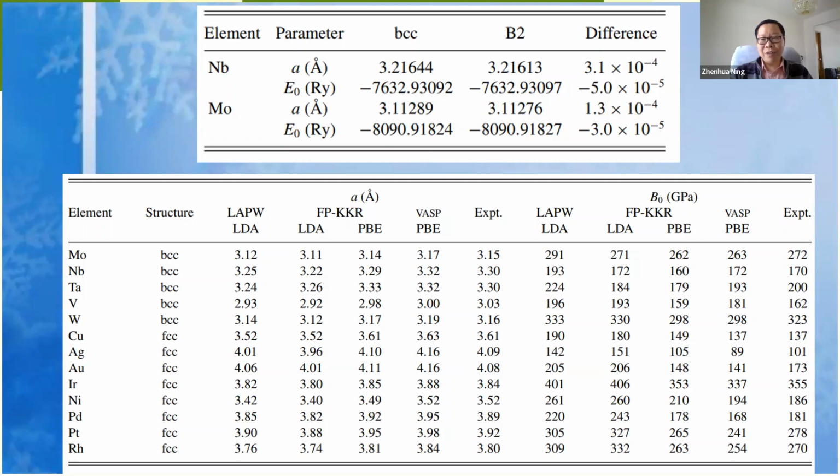The VP construction uses the valley points of the charge density. We calculate the charge density, check the valley points, and set the boundary at the valley points. So the VP size is different for each atom if we have different elements in the system.